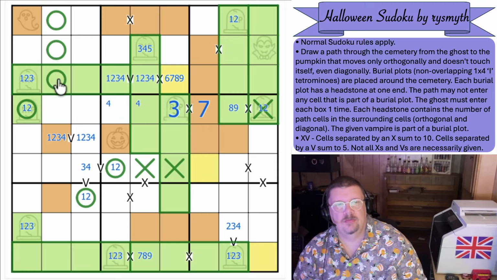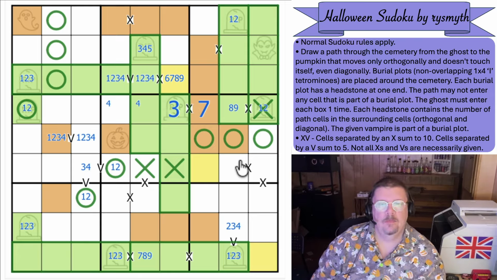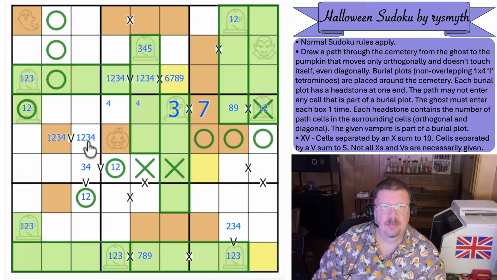One of those three is a green circle. One of those three is. So if that's path, then that's path.